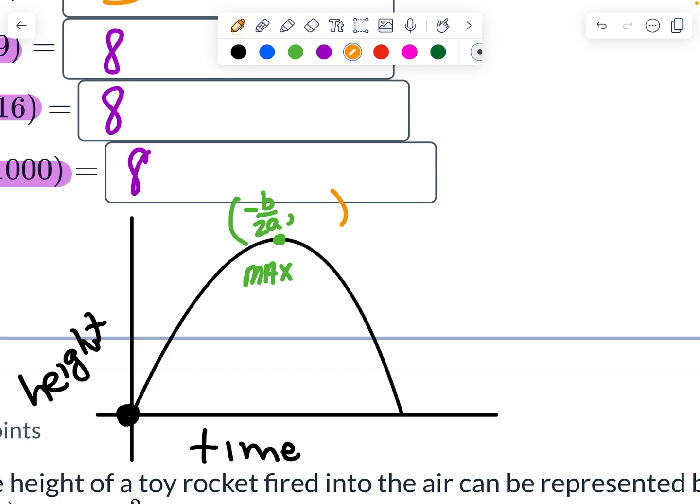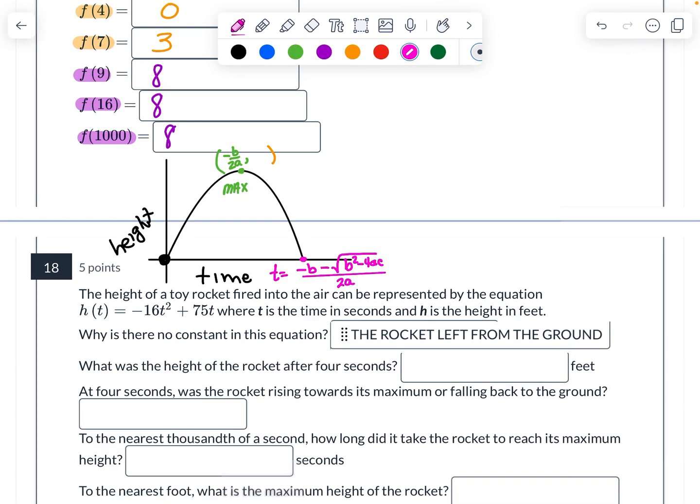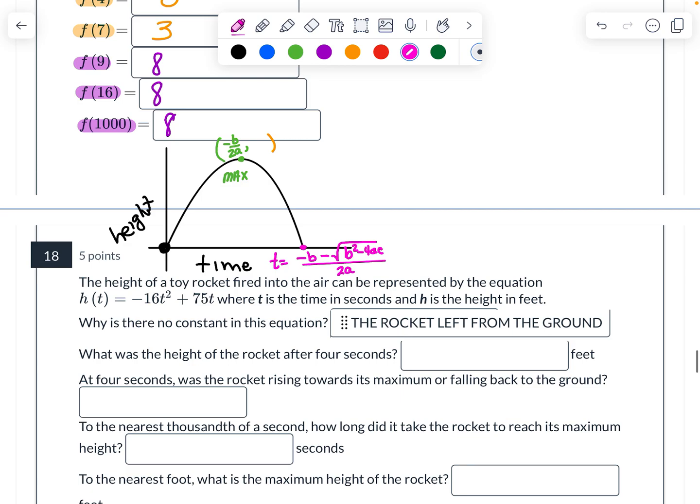And then to do this piece, we are going to do t equals the opposite of b minus the square root of b squared minus 4ac divided by twice a. All right.